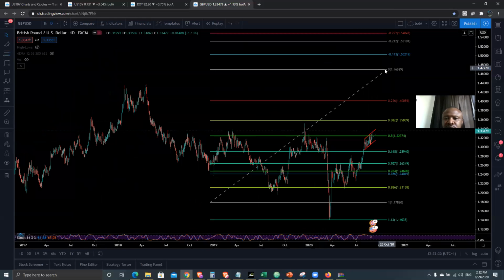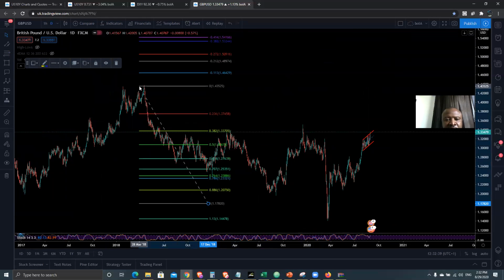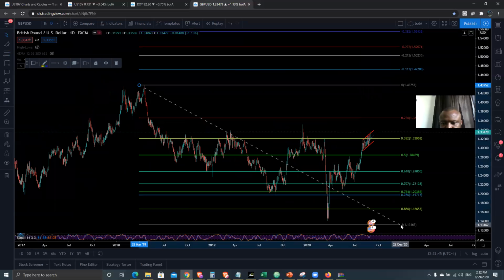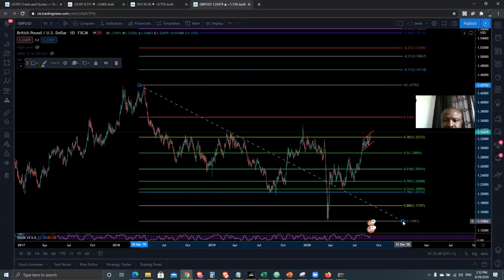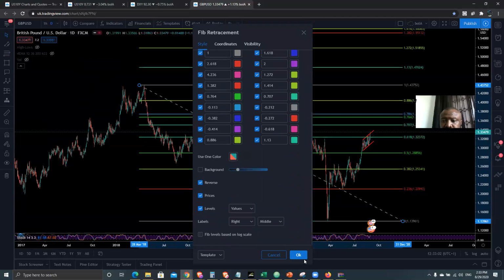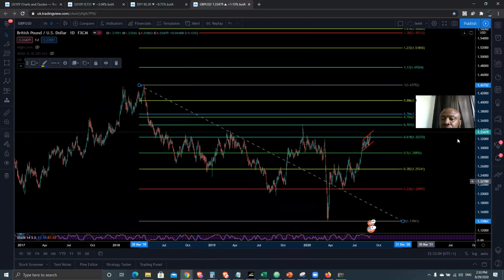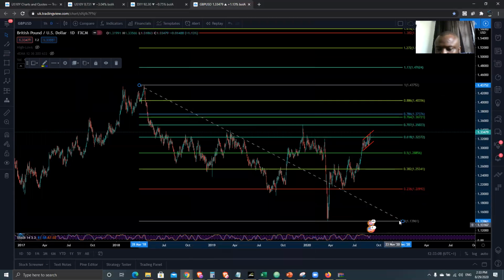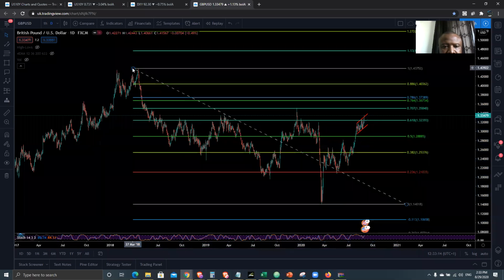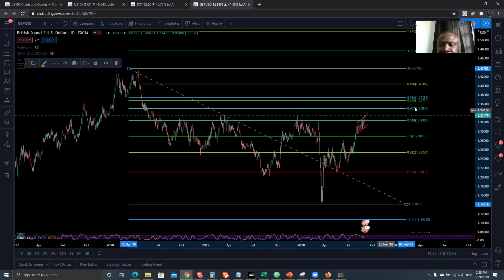So what tends to happen is when you start to look at fib on the highest level of time frame like this, what we are seeing is the 70-70. And that's 135.00.